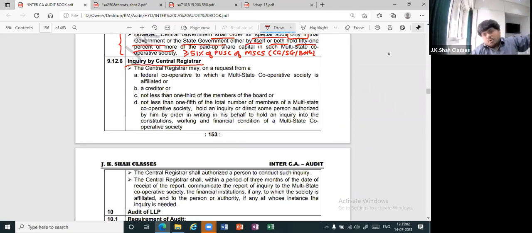Who is telling to whom? The creditor or anybody who has financial interest. Members also can do it, but one member can't. Majority. That I'll tell you shortly.